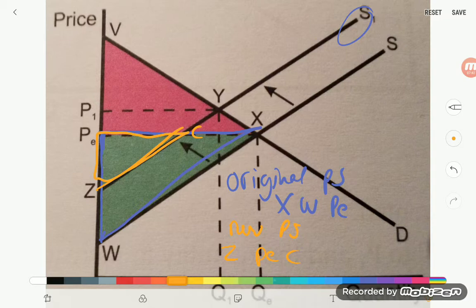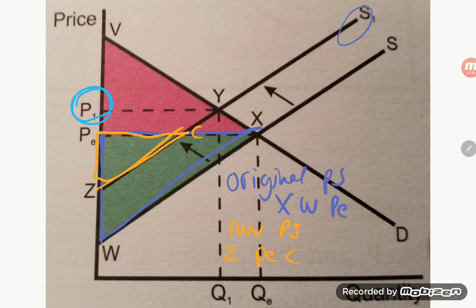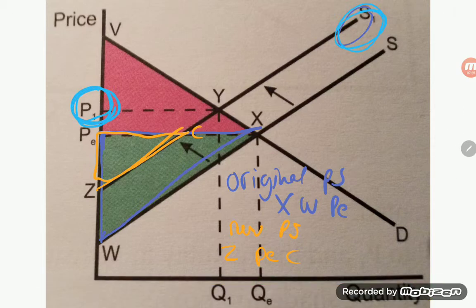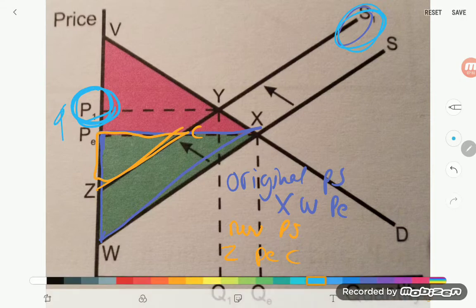Now, the problem you've got with that is it's not the new producer surplus if you look more carefully, because P1 is the new market price once supply shifted to the left. So the producer surplus actually is not this figure here, as you might first think.